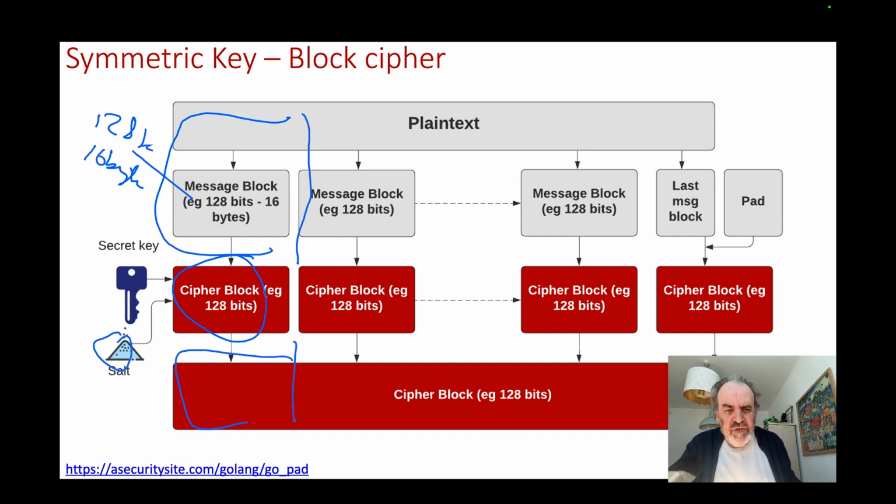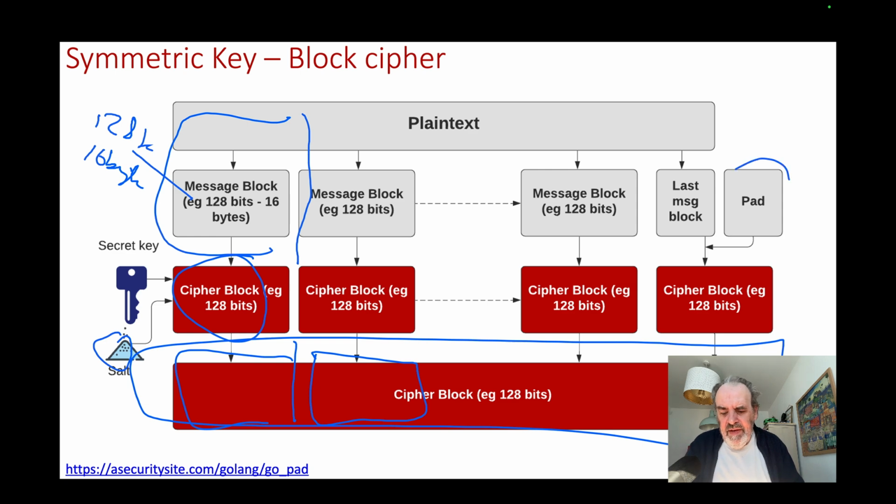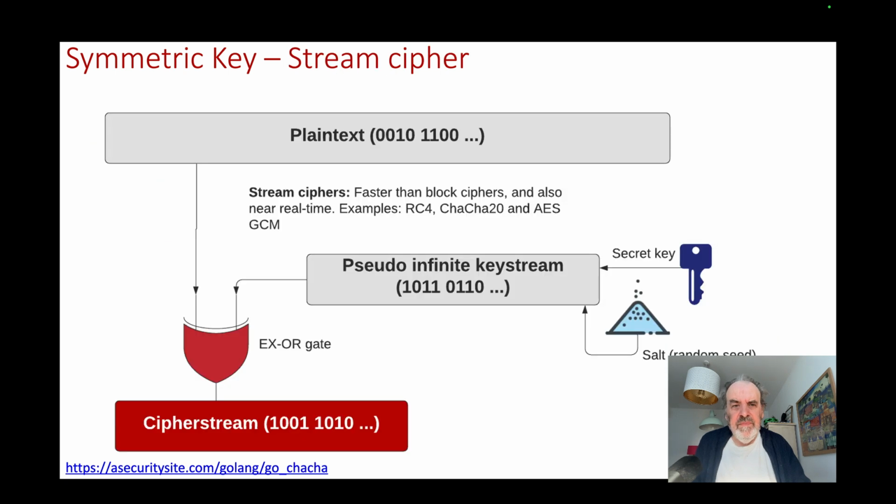This will create our ciphertext blocks, and then we'll put all the blocks together to create our ciphertext. At the very end, we will possibly be missing a few bytes, so we need to create what's called a pad, and we'll pad the last block with certain characters.